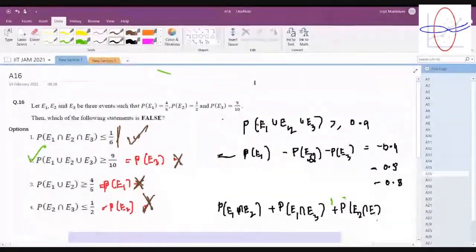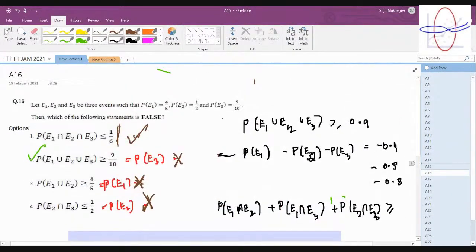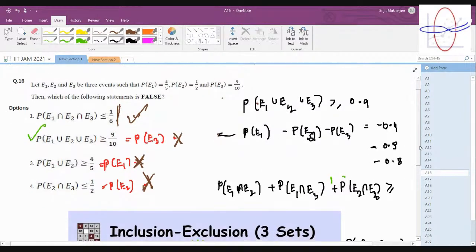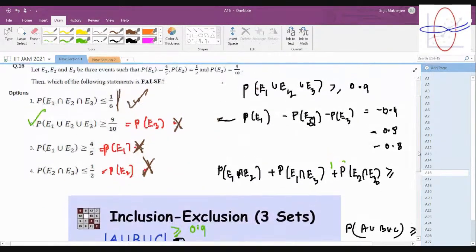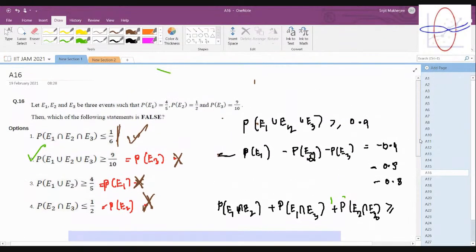We need to find a lower bound for this, but here it's given as an upper bound. So this is a bit of a problem, but I think it's manageable because we can again do it with the unions of these numbers.